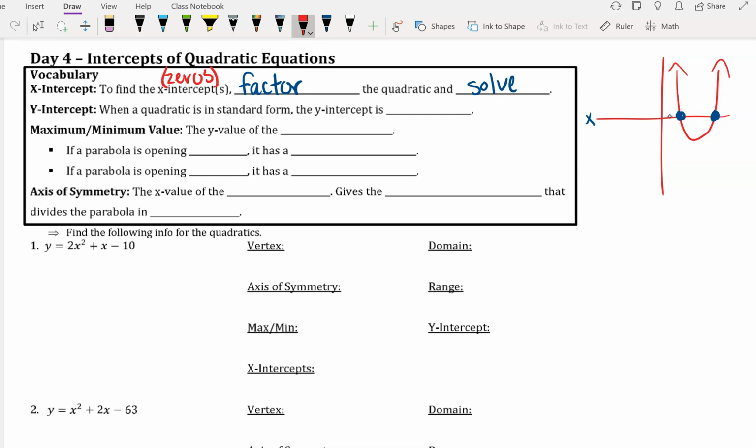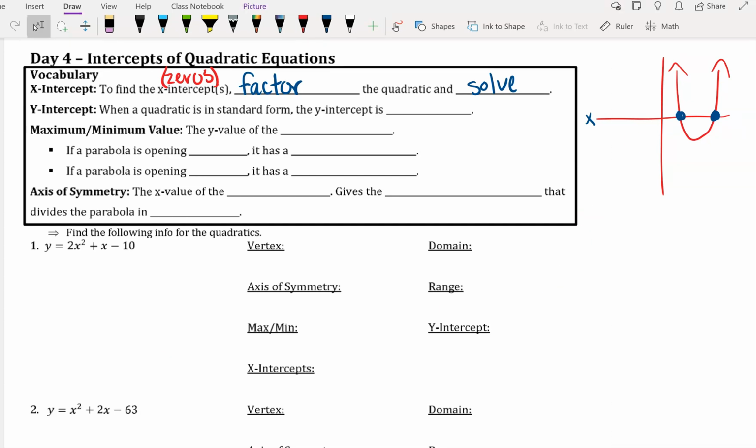You might hear them called a lot of different things: X-intercepts, zeros, solutions, answers, they all mean you factor and you solve. That's why we did last unit before this unit, because now you all are experts at factoring and solving, and that's how you find X-intercepts.